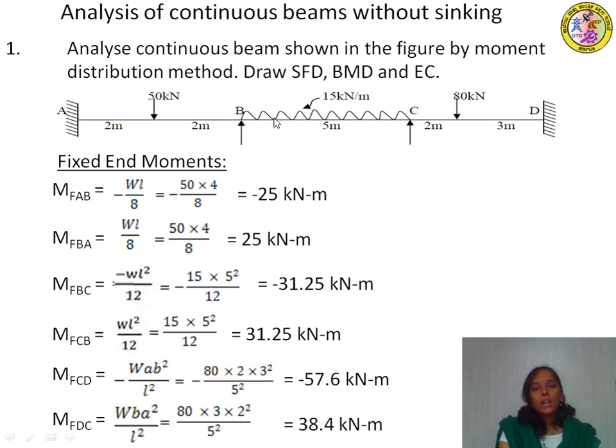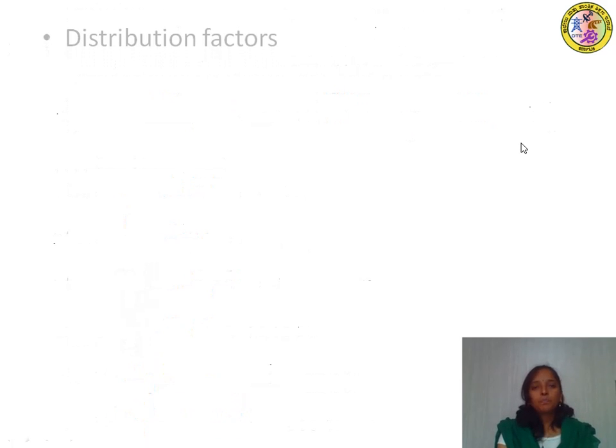CB, again it is continuous, therefore the relative stiffness is I by L, and for CD member the far end is fixed, therefore the relative stiffness is also equal to I by L.